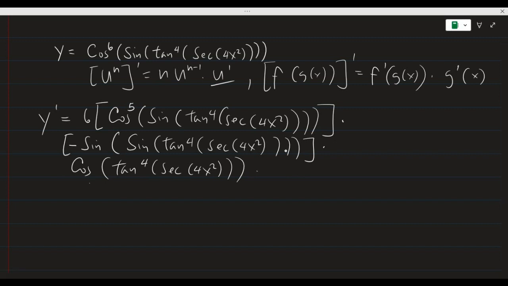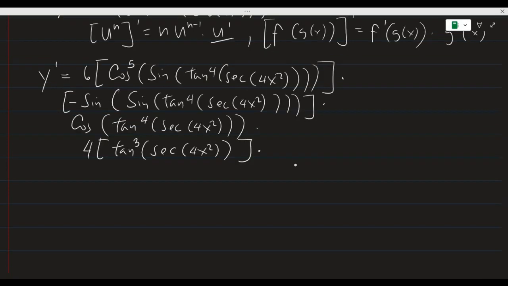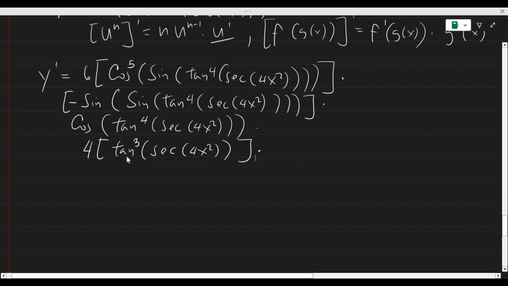The exponent is 4, and the base function is tangent of secant of 4x squared. The new exponent is 4 minus 1, which is 3, and then we multiply the result by the derivative of the base function.